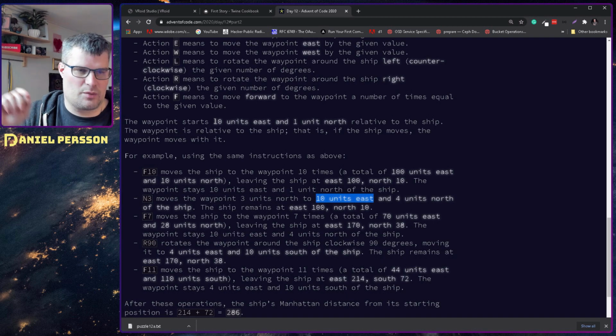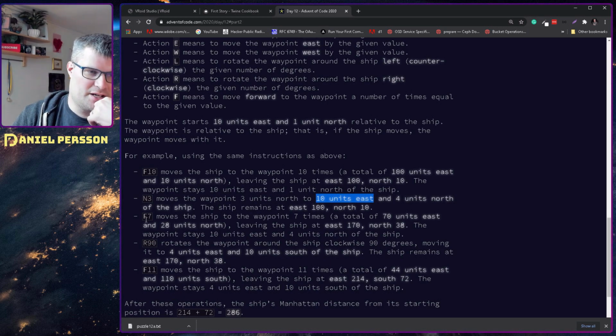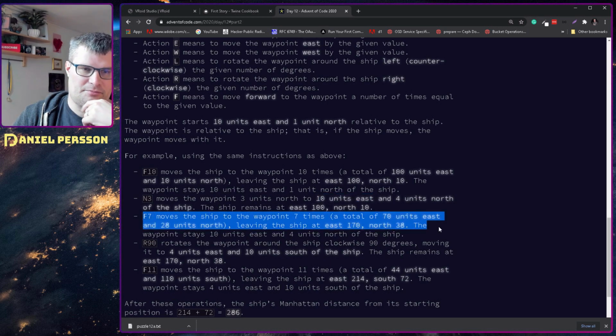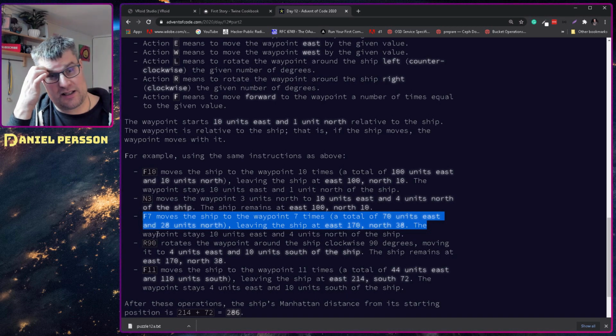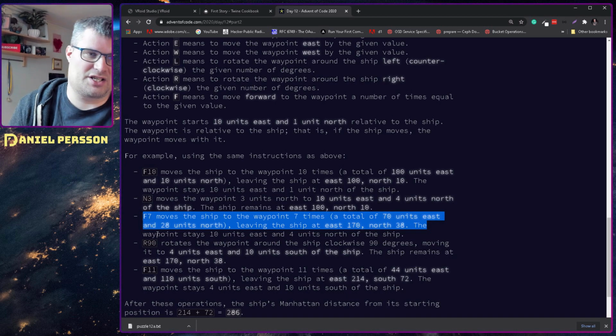So we change the waypoint there and the ship remains at its position. And then when we are doing the F7, it moves by 7 times 4 and 7 times 10, and that will move the ship.